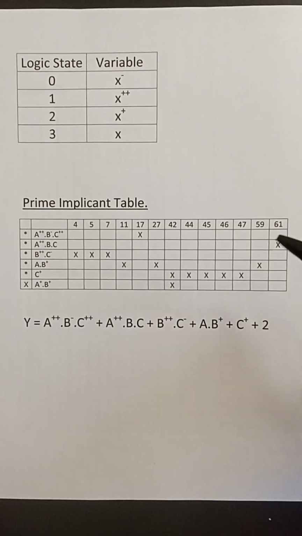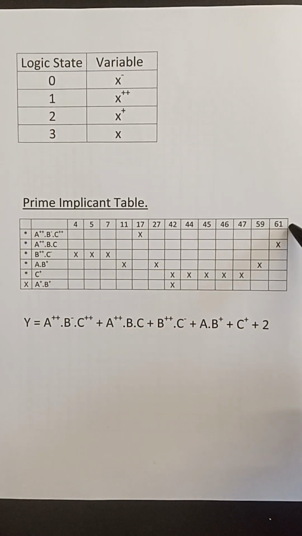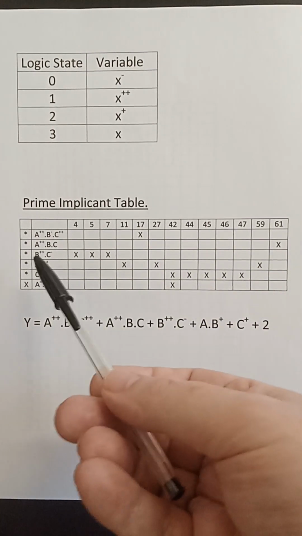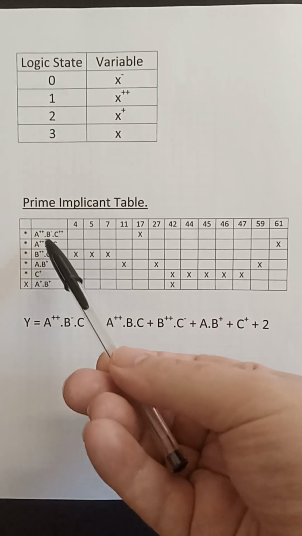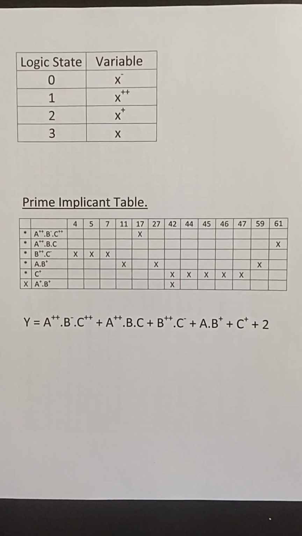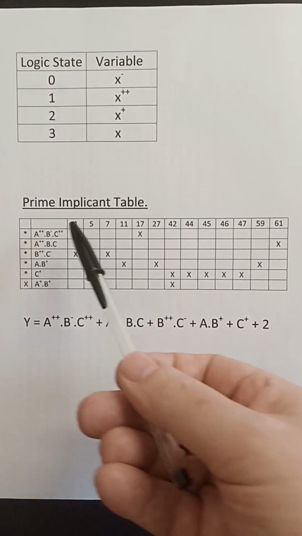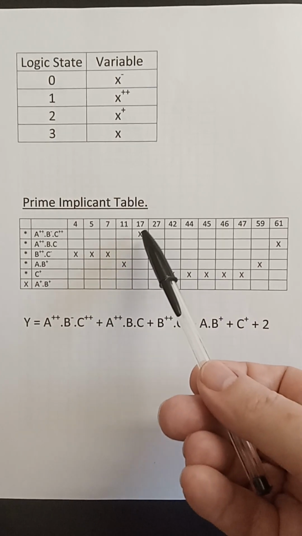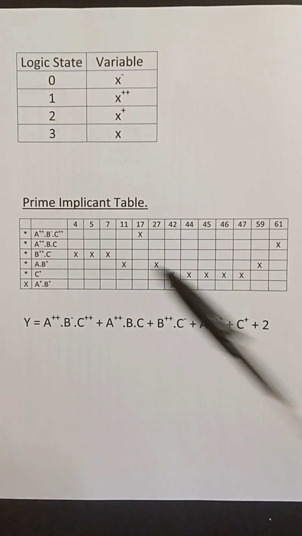So the idea of the prime implicant table is to find the minimum coverage of all these n values with a logic 3 for the minimum amount of terms in here. So a plus plus b minus c plus plus covers a logic 3 at n equals 17, for example.